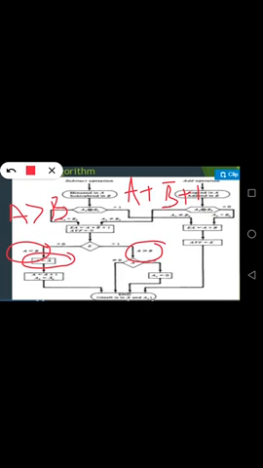take A's complement and convert into 2's complement. That would be your result. Why? Because you are storing the result in the accumulator.